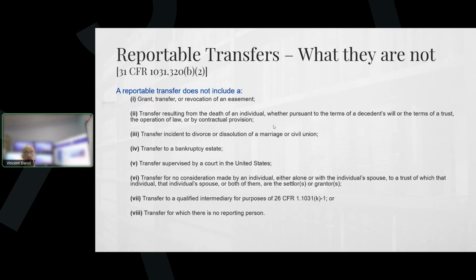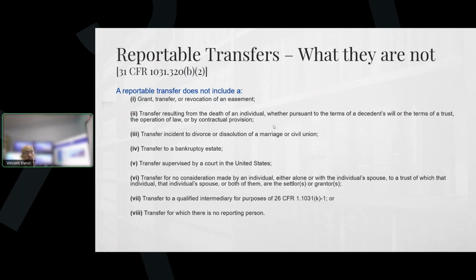So what are reportable transfers? And what are they not? Well, a reportable transfer is a transfer of an interest in real estate, but it does not include the grant, transfer, or revocation of an easement.